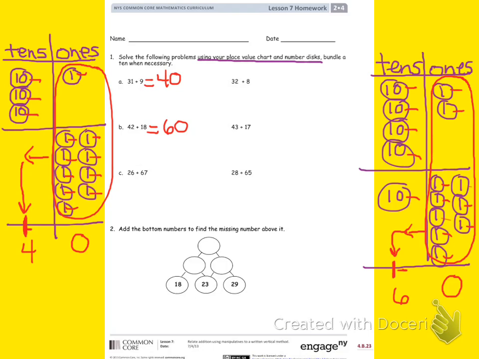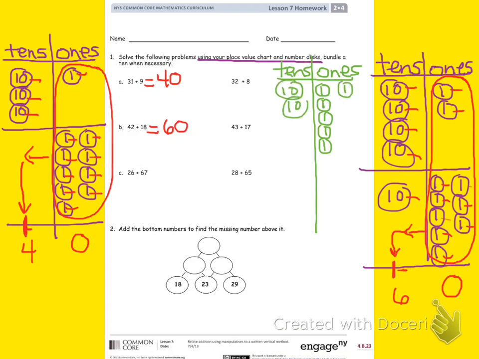Now I'll do 26 plus 67. I better pick a different color so you can see where it is on the paper here. 26 plus 67. Here's my place value chart, ones and tens. 26 has 6 ones. 1, 2, 3, 4, 5, 6, and 2 tens. 1, 2.